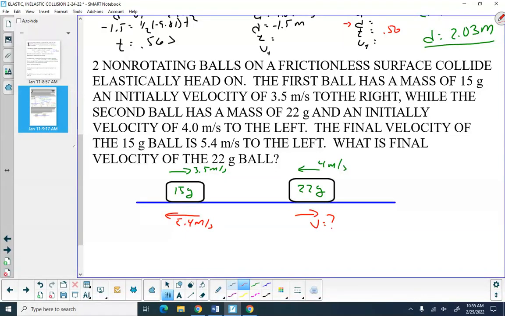Since we have elasticity, we can do either of the scenarios: kinetic energy will be conserved or momentum will be conserved. Momentum is a little bit easier to deal with here, but since we're elastic, both potential and kinetic energy are conserved.